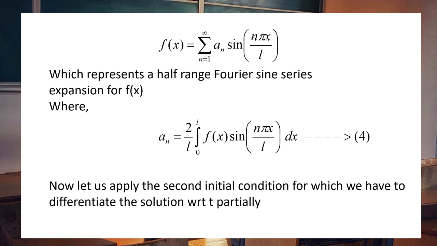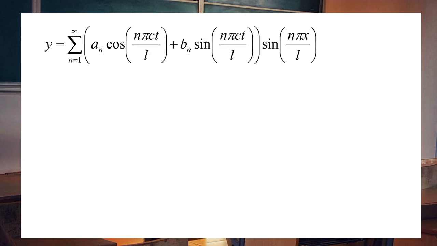Now apply the second initial condition, that is, the derivative of y is 0 when t equal to 0. In order to apply that, we have to differentiate our solution with respect to t.